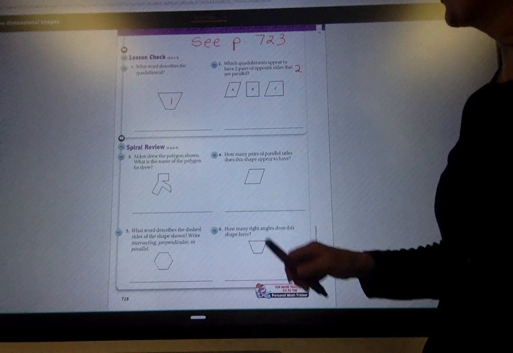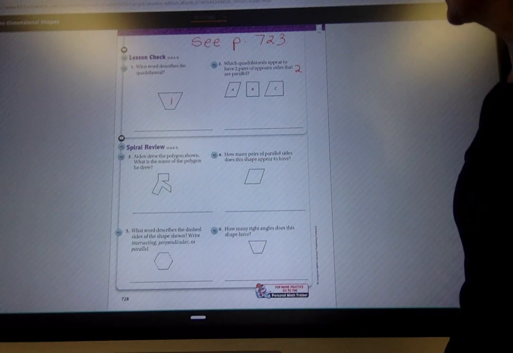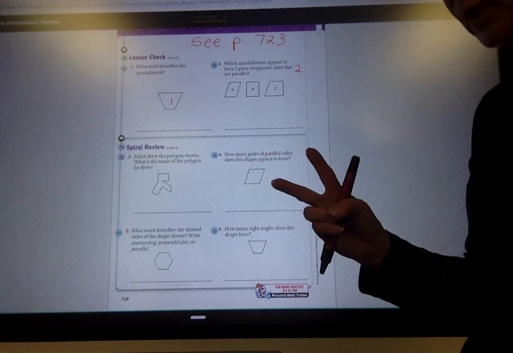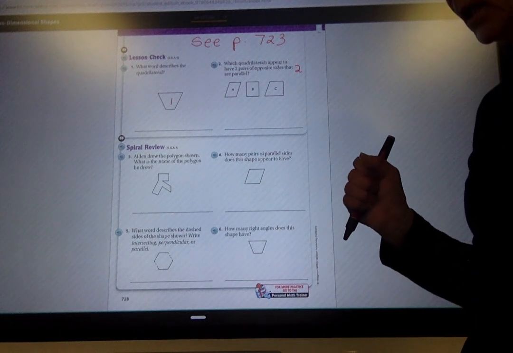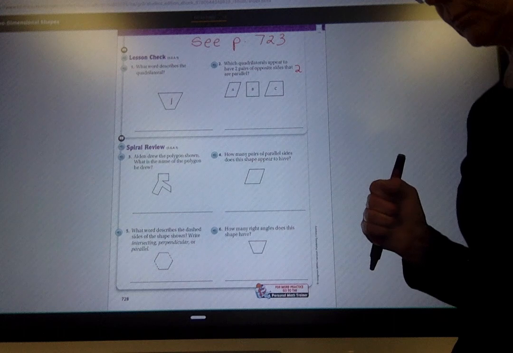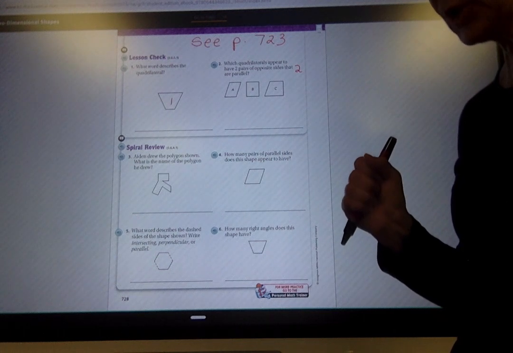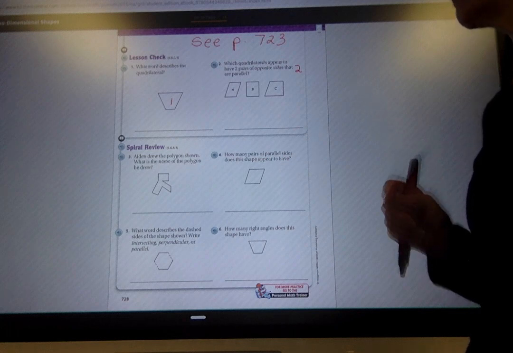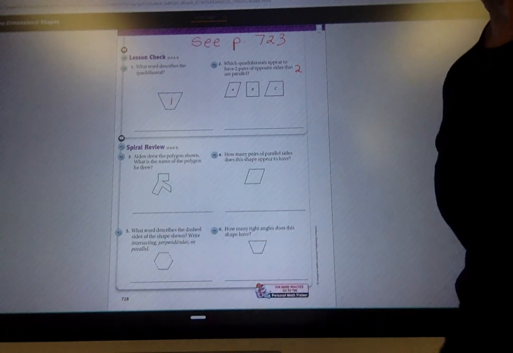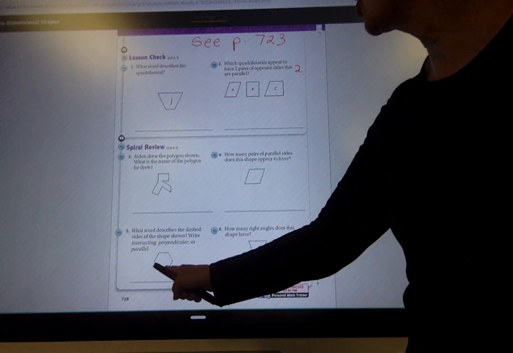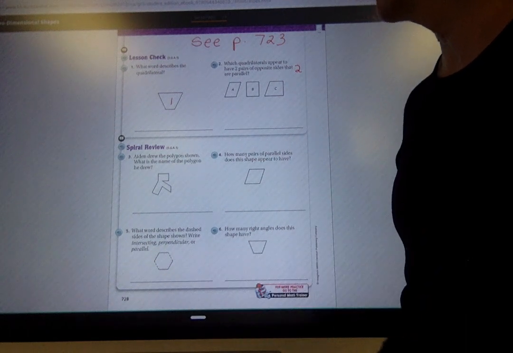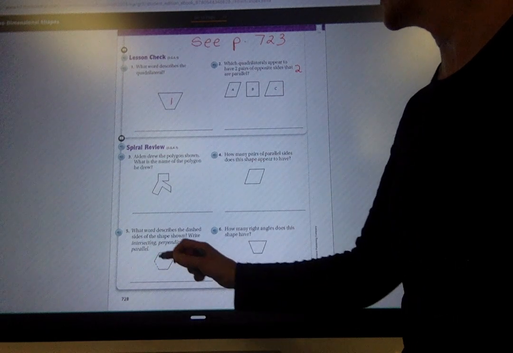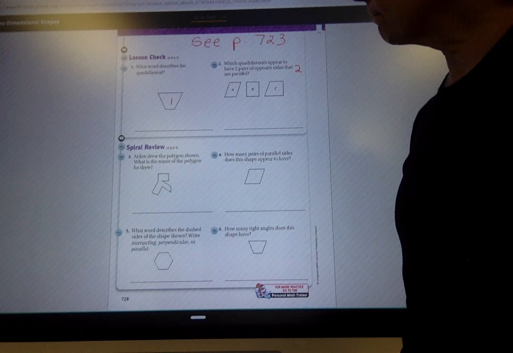Let's look at this, number 4. How many pairs of parallel sides does this shape appear to have? Remember, there's 2 in a pair. So how many pairs? The answer is either 1 pair or 2 pairs. Number 5, what word describes the dashed sides of the shape shown? Are they intersecting?